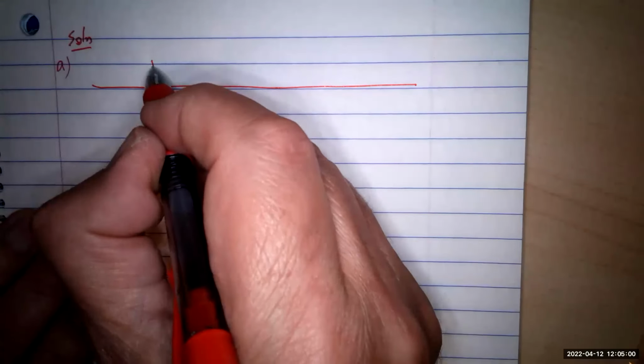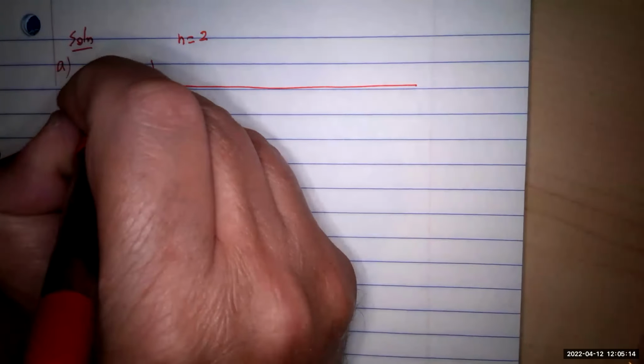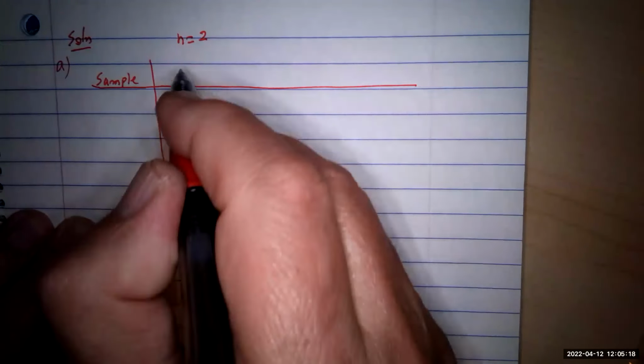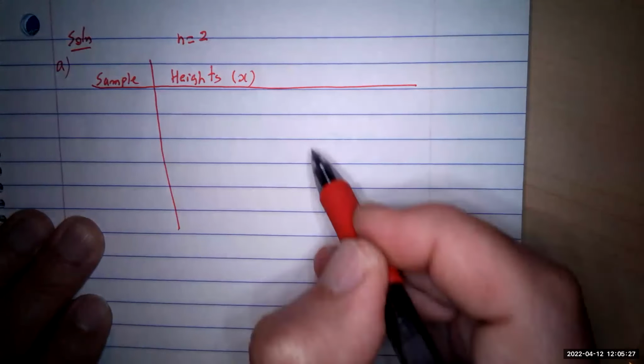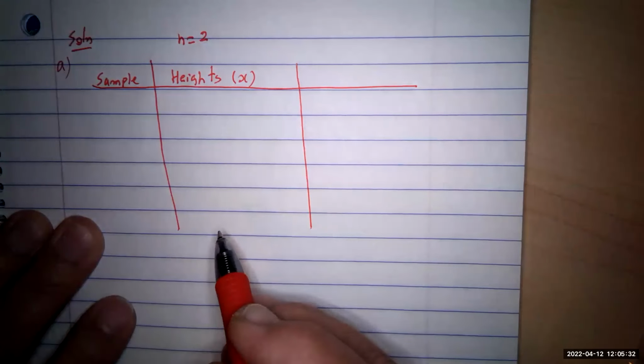In this part, I'm going to pick a sample of 2 players. Remember, my sample size is equal to 2. For each sample, I'm going to consider their height; their height is going to be my X. Then for each group, I'm going to find the mean of the group.